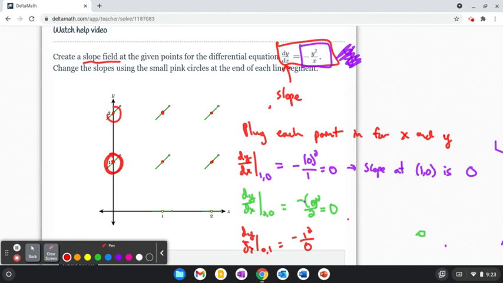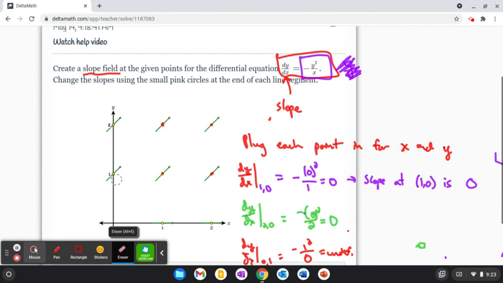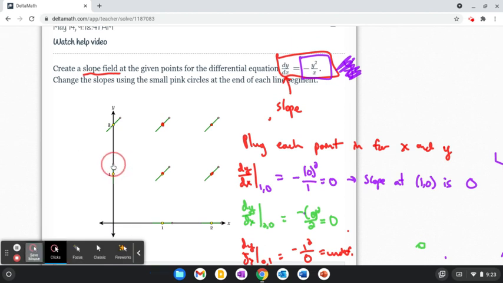So that means it's undefined, right? So undefined. And it will be the same for the one above it. So there are some shortcuts you get after a while here. So undefined would be a line that goes straight up and down. Just drag these two. Straight up. All right. So we got 4 more to do.